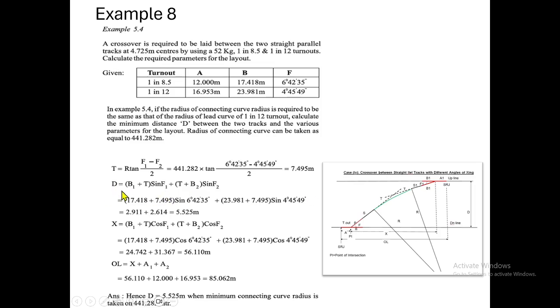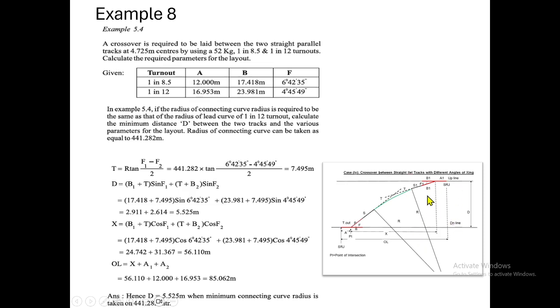So we are working on D now. T already we have found out for the 441.282 meters. With the T, we are working out the D, the minimum D, how much we require. That means the vertical distance equating.